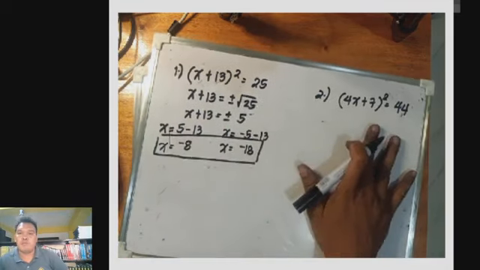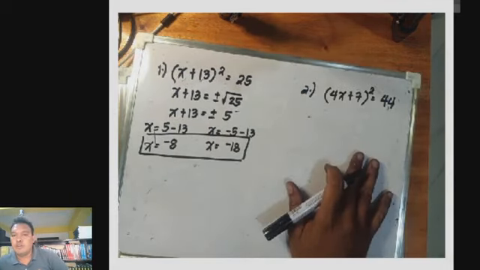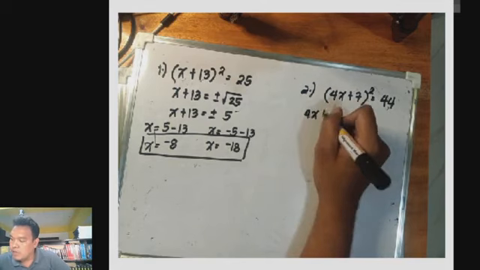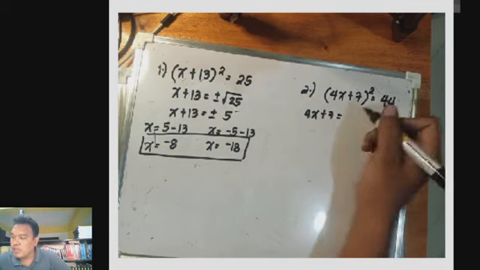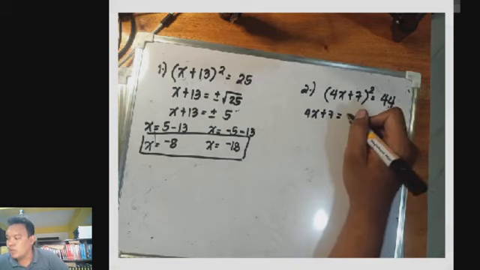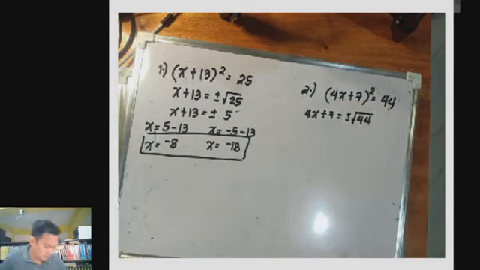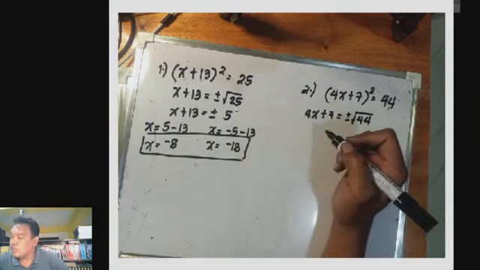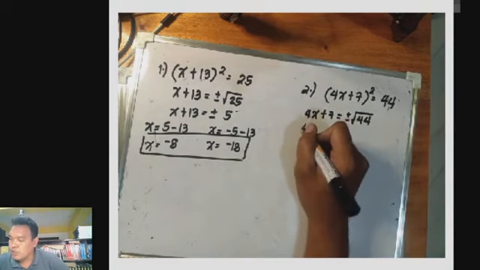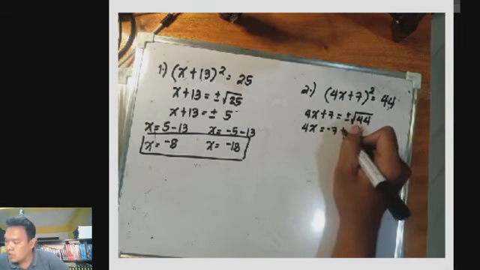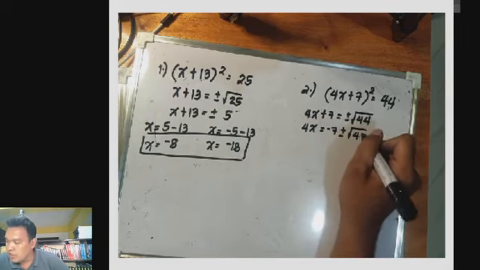Okay, for number 2, we have (4x + 7)^2 is equivalent to 44. Okay, so we have 4x + 7 equals, moving the square to the other side, plus or minus the square root of 44. Then extract the 7 and move it to the other side. So we can say that 4x is equivalent to negative 7 plus or minus the square root of 44.